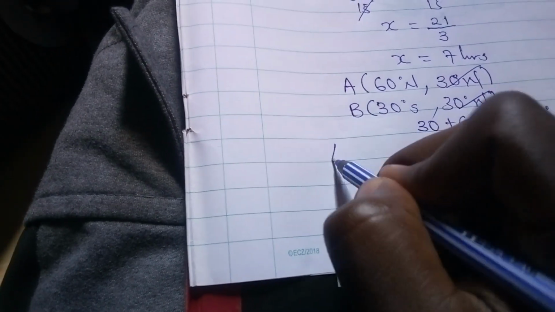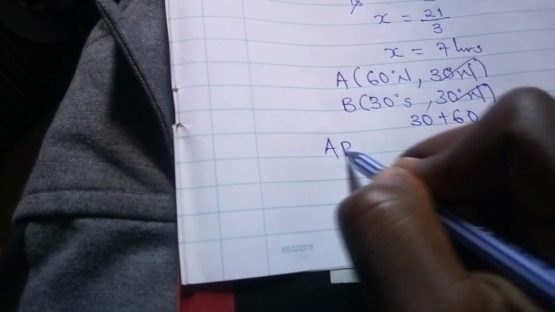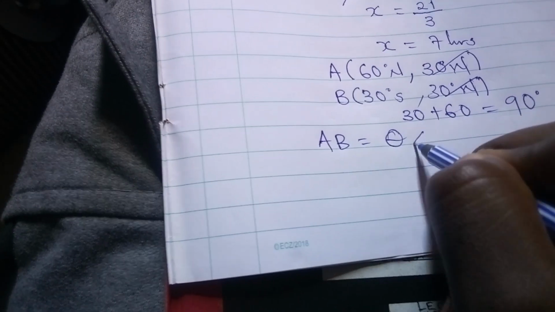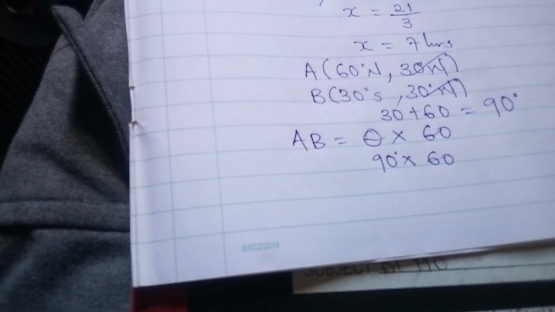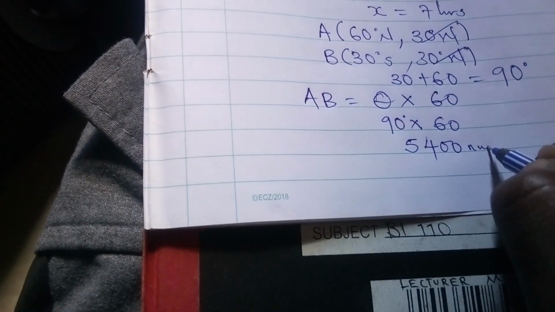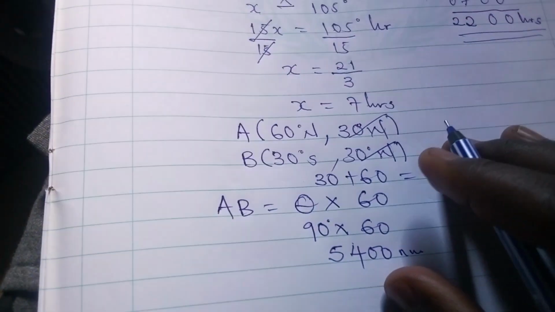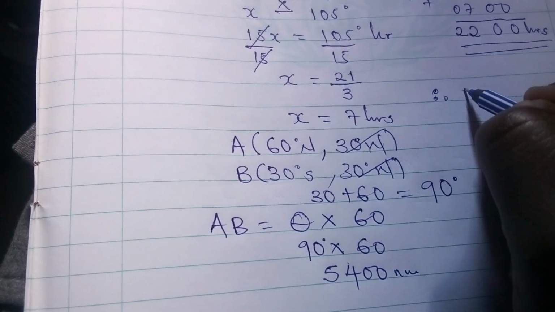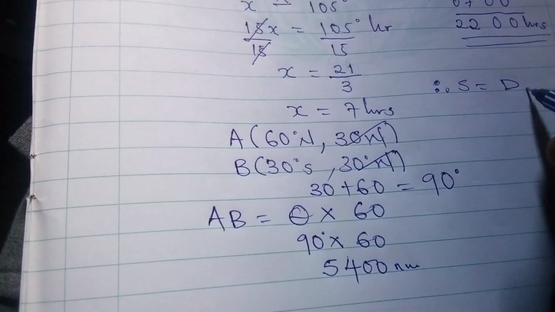So distance in nautical miles, AB, equals theta times 60, which is 90 times 60. So we are going to obtain 5,400 nautical miles. Therefore speed is equals to distance over time.